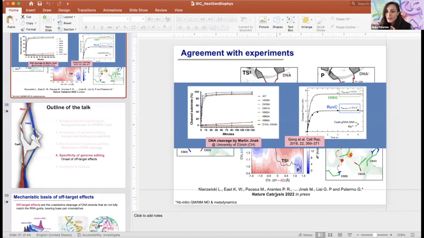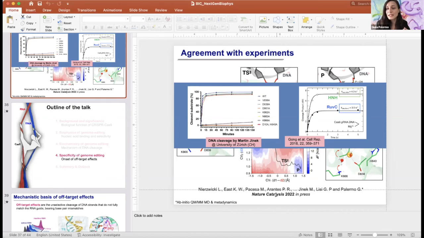So maybe there is a point I could make to this audience. This is an experimental audience, and I think this point is very interesting. I think that we are witnessing some breakthrough by single molecule experiments, and it's very exciting to see that with single molecule experiments, you can measure the tau cleavage, which is the time required for the cleavage.